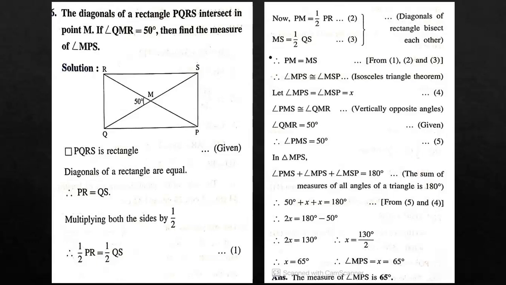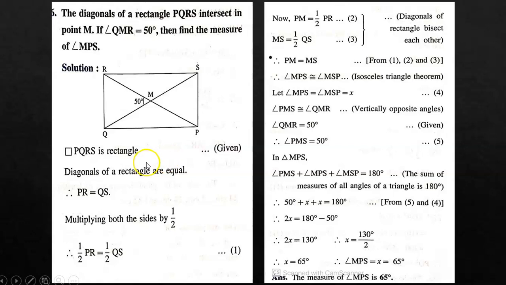Question number 6. The diagonals of a rectangle PQRS intersect in point M. If angle QMR is 50 degrees, then find the measure of angle MPS. Now this particular quadrilateral PQRS is a rectangle.